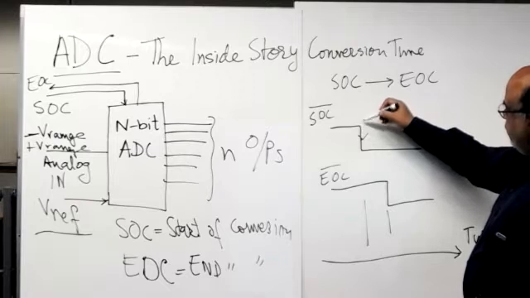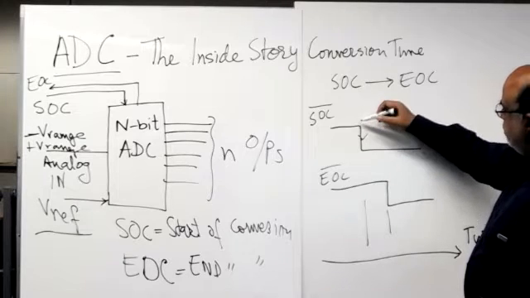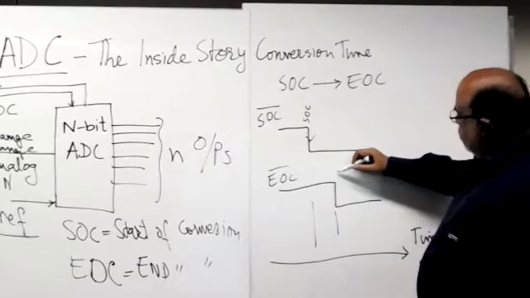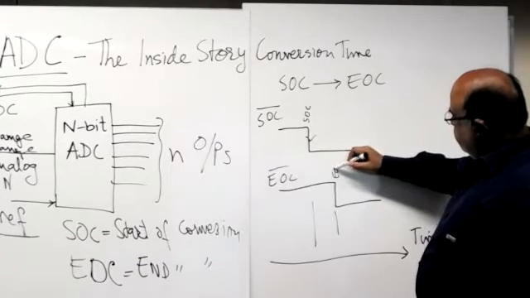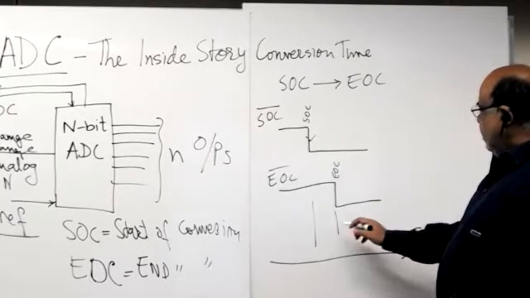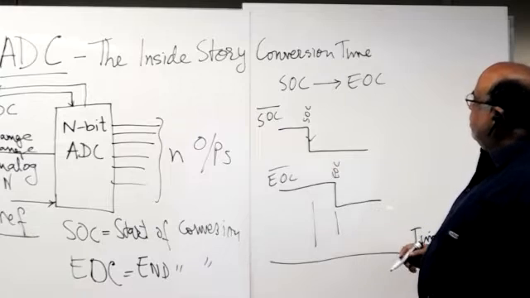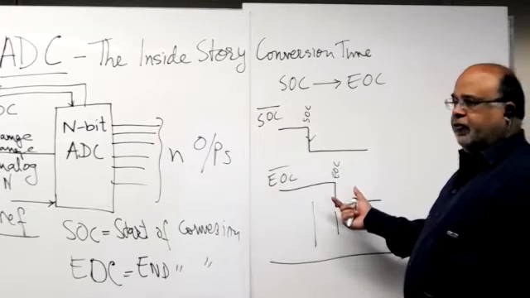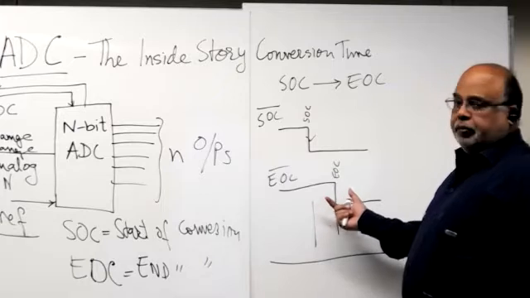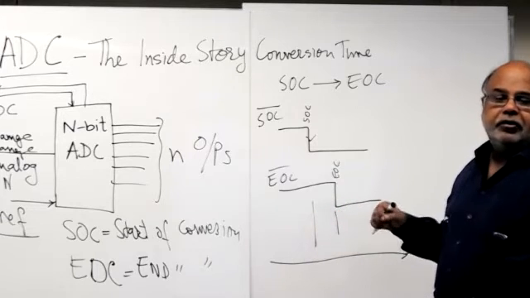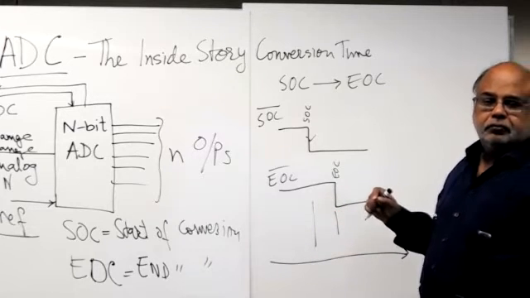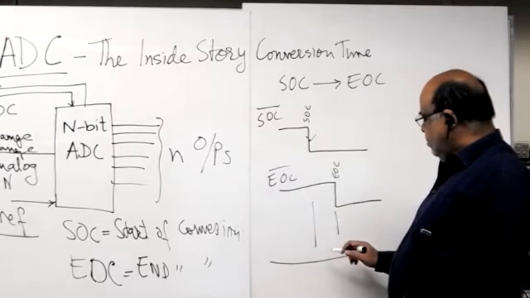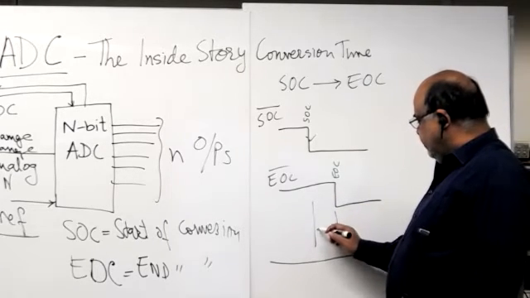where you say start of conversion, and where the ADC outputs end of conversion signal, then this time between these two is taken up by the ADC. You cannot have less time for conversion than this. This is the minimum time an ADC can convert. So this is called the conversion time.